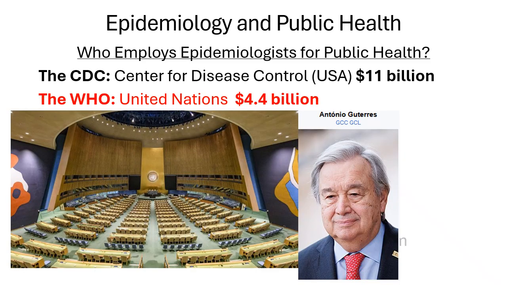All right, just for comparison, this is Antonio Guterres, the head of the United Nations. The United Nations is funded by the member countries according to how strong their economy is. As I said, the United States economy is larger than any other economy on earth. Their economy is about 25 or 30 trillion dollars.